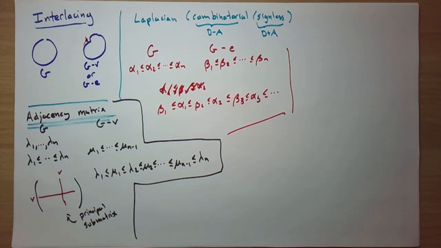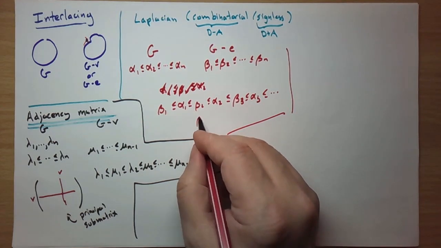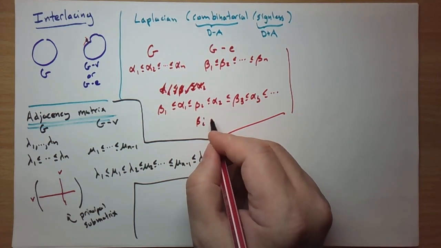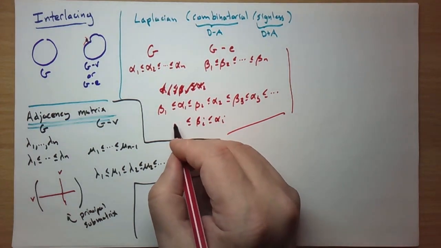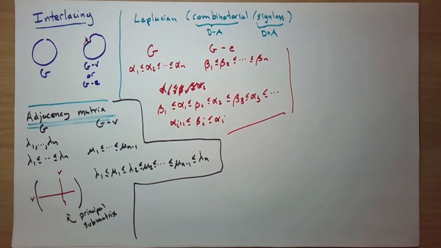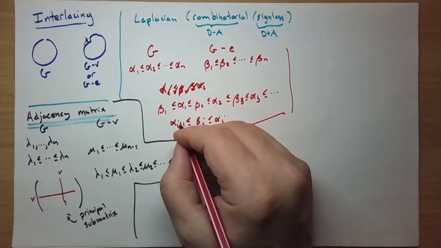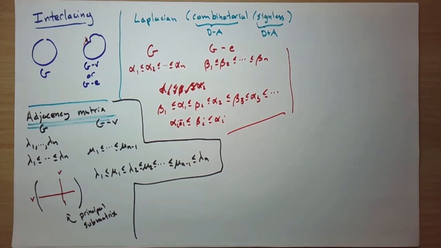You'll notice here that in general, beta i is less than or equal to alpha i and greater than or equal to alpha i minus 1. I know how addition and subtraction works.